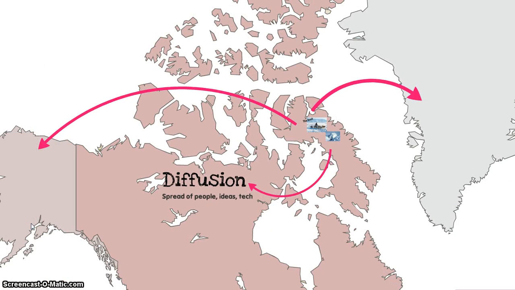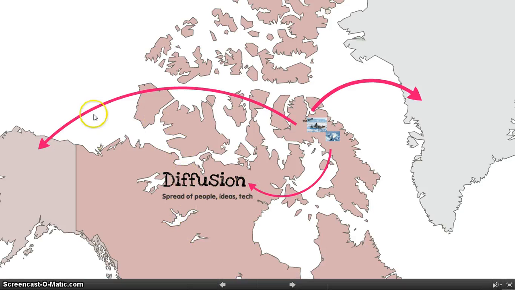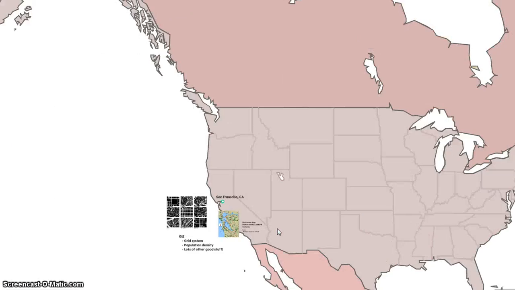We see examples of the Inuit, their sled dog racing and their use of sled dogs for daily life, as well as the structures of their homes and their culture diffuse from this area of very, very northern Canada into more southern parts of Canada, into Alaska, and over into Greenland. So diffusion or movement of the people, ideas, and technology, as well as culture, is a major theme of geography.